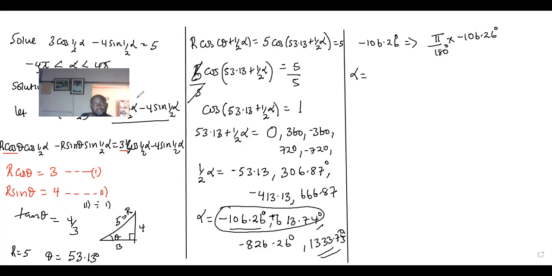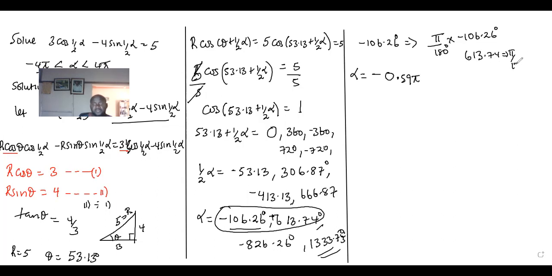In terms of pi, a negative 0 point something: 106.26 divided by 180. And the other one? Negative 0.59, negative 0.59 pi.